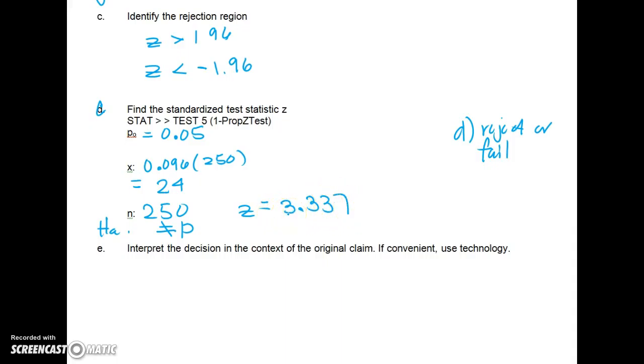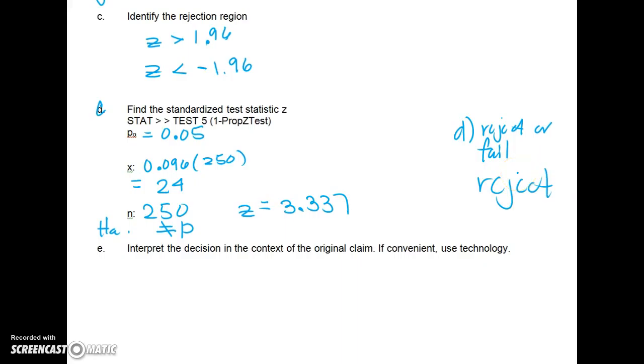So part D, at least on your actual homework assignment, is going to ask you, are you going to reject this or are you going to fail to reject this? Well, that's the question. So if you're looking back at your region, we know that my rejection is going to be anything that's greater than 1.96 or less than negative 1.96. This number is a lot greater than 1.96, so I'm going to have to reject the claim. Reject.